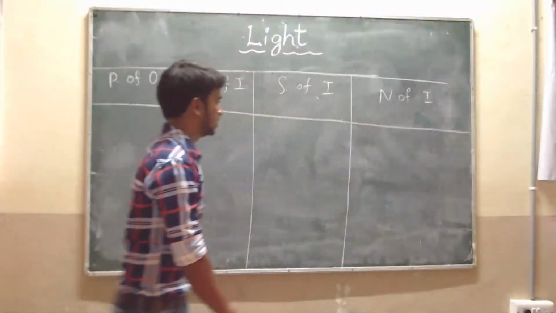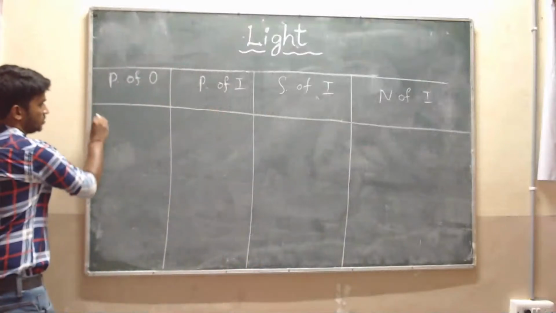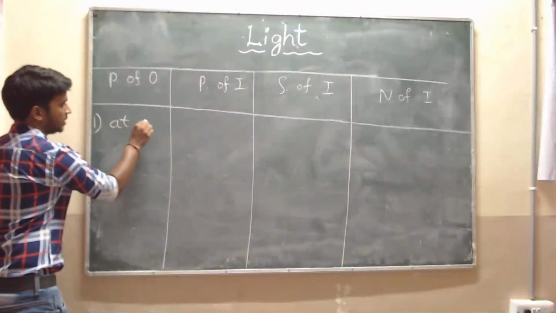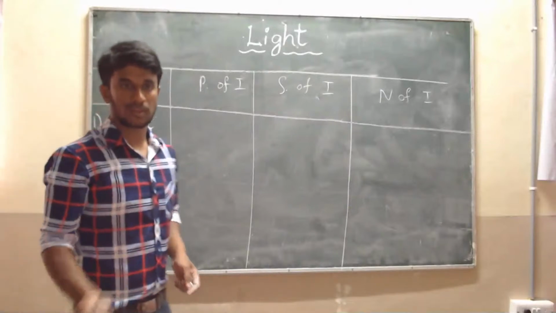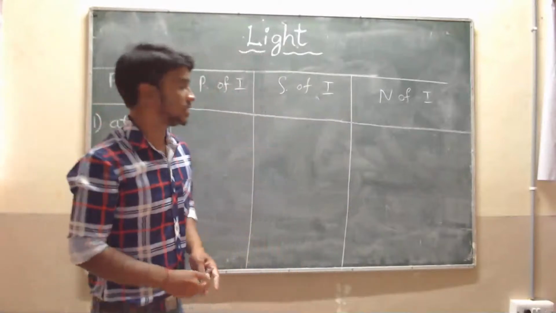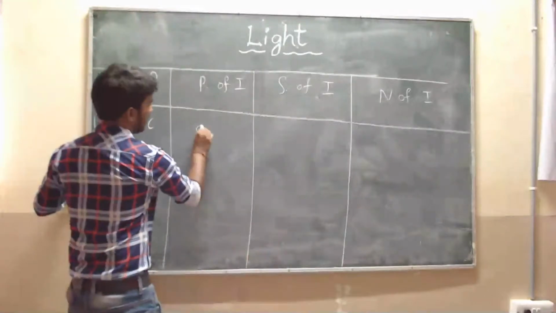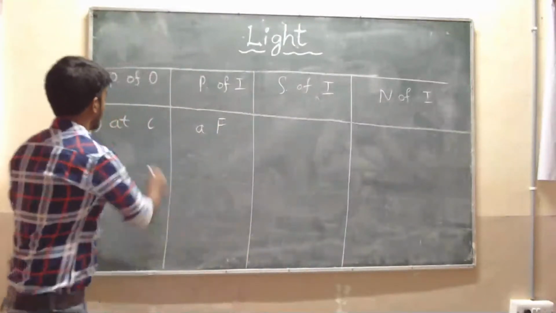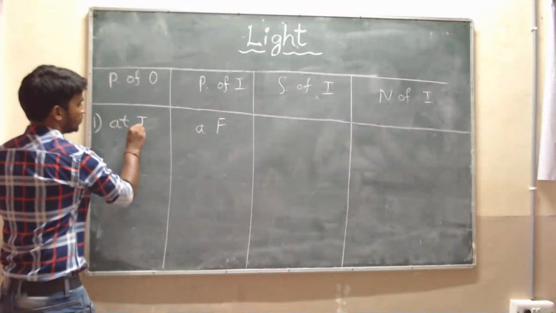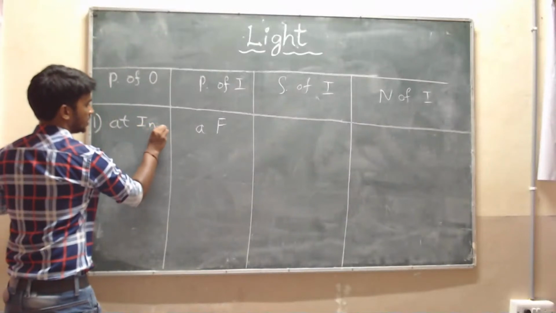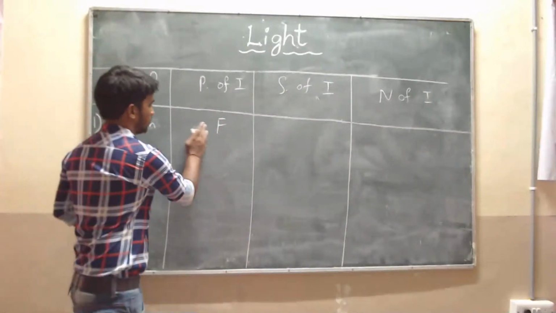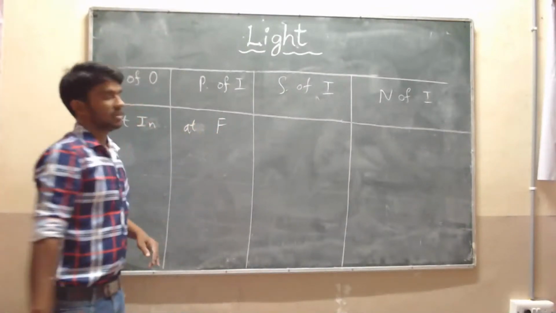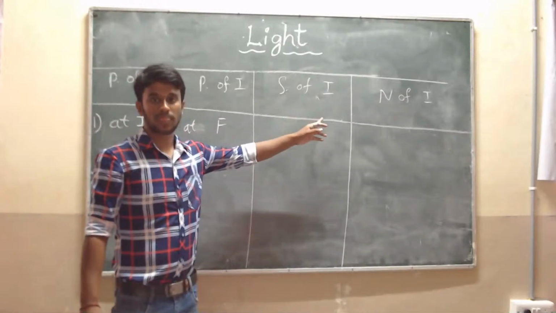First we kept the object at infinite distance, right? Where is the position of the image? At F. What about size of the image?